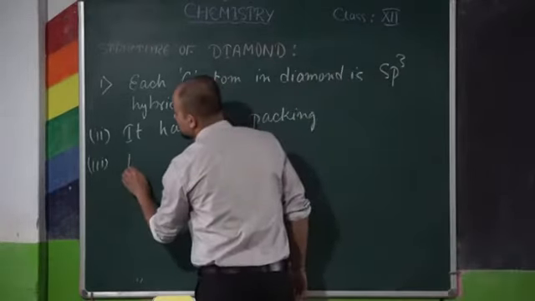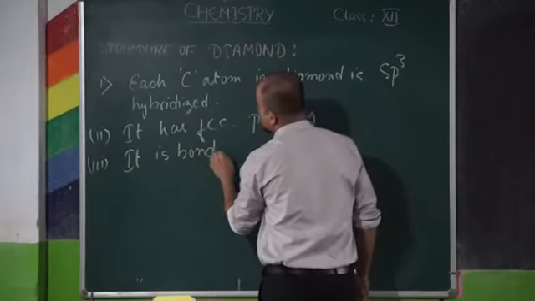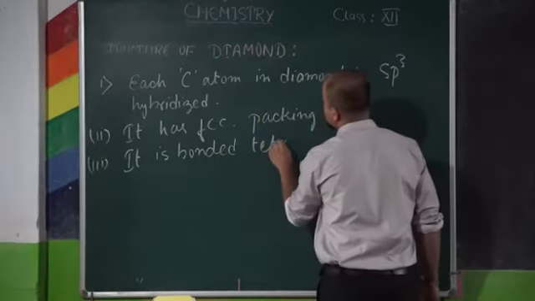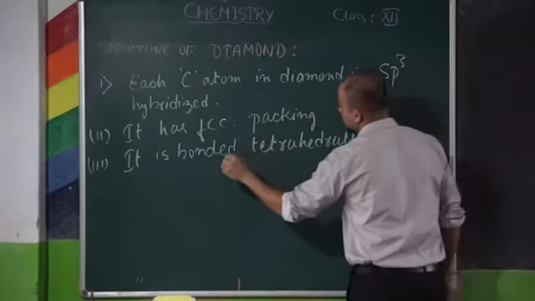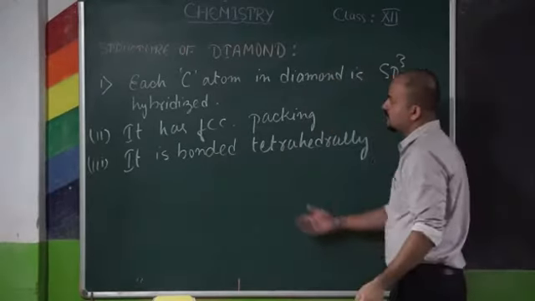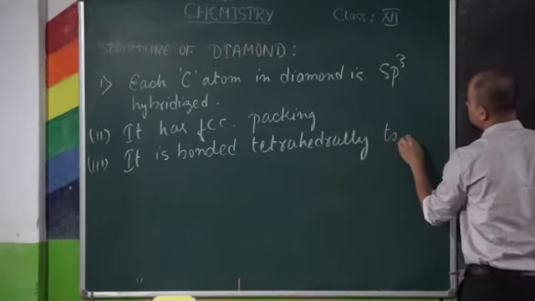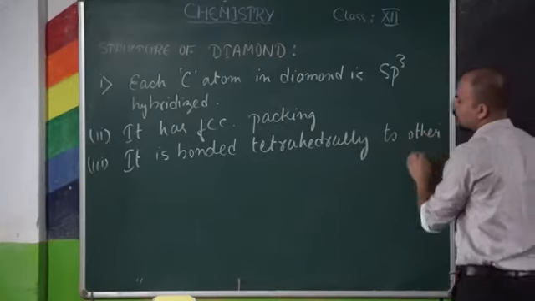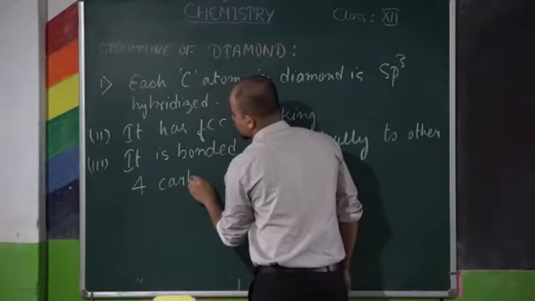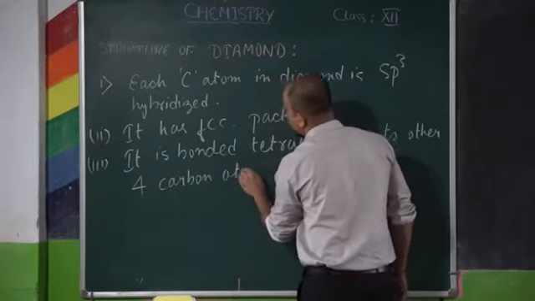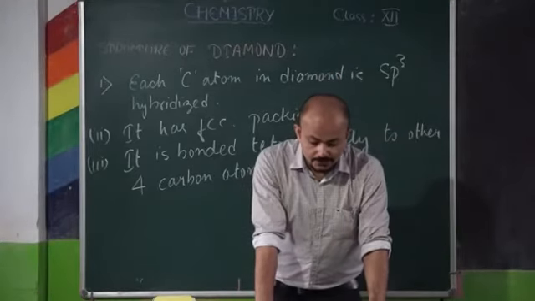So each carbon atom in diamond is bonded tetrahedrally to 4 other carbon atoms.